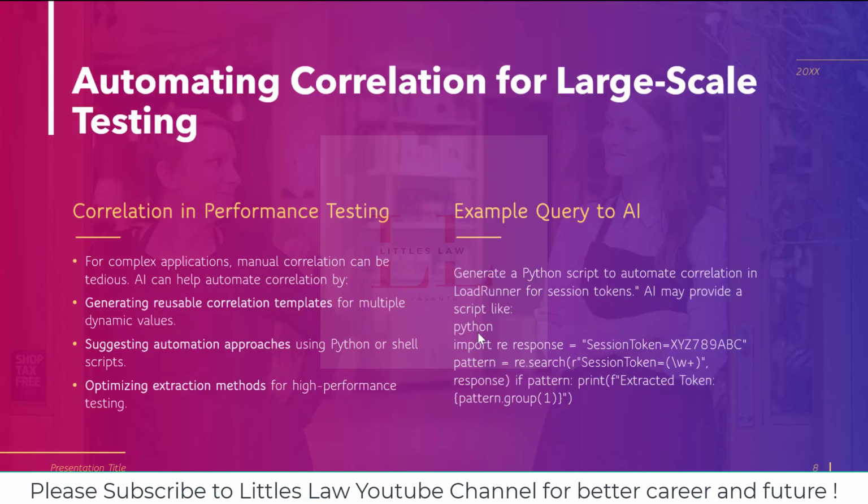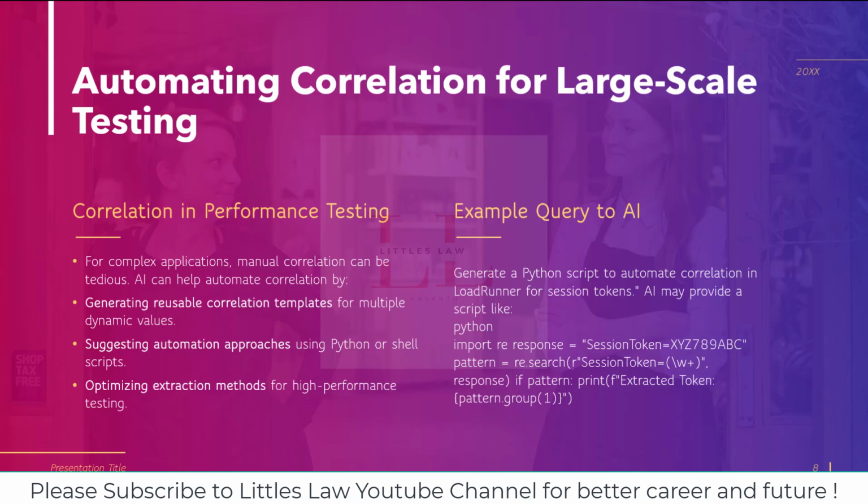And then the next part, which is automating correlation for large scale testing. For complex applications, manual correlation can be very tedious, and AI can help automate it by generating reusable correlation templates for multiple dynamic values. That's the first thing AI will do for you. It will also suggest automation approaches using Python or shell scripts, and optimize extraction methods for high performance testing.